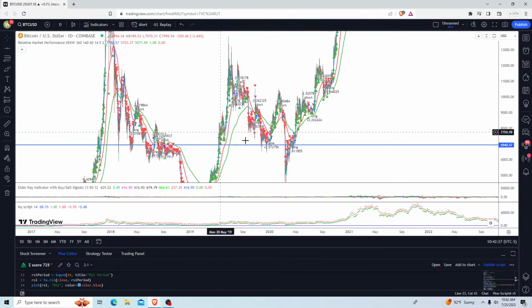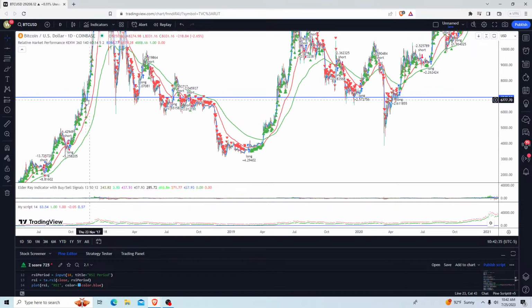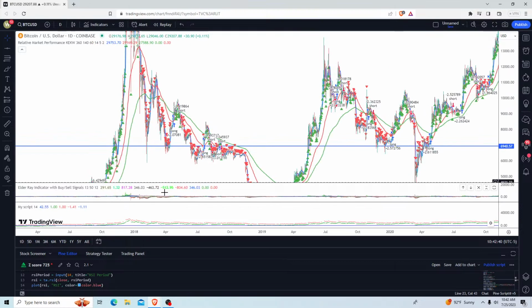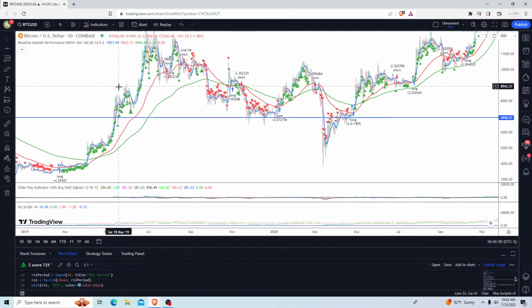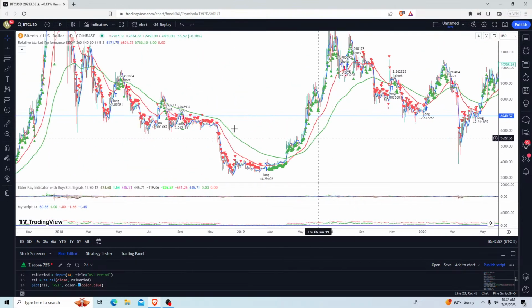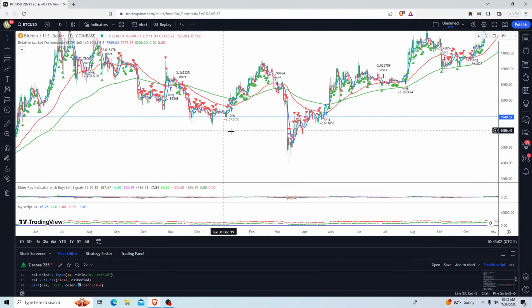Because this was basically a support and resistance level. It was a support level twice, sharply, and then it broke down, faked out, tested as resistance, and then broke down. And then it broke above it, retested it, and bounced off here in the middle of the recovery cycle. This was a very important support and resistance level, clearly, around 7,000.